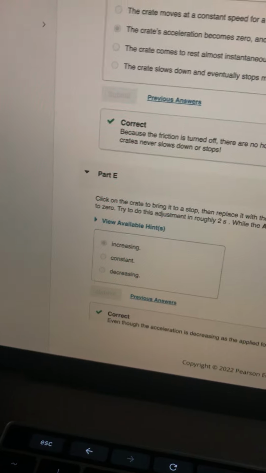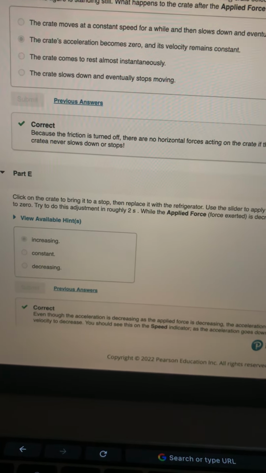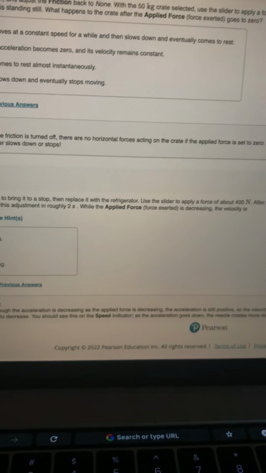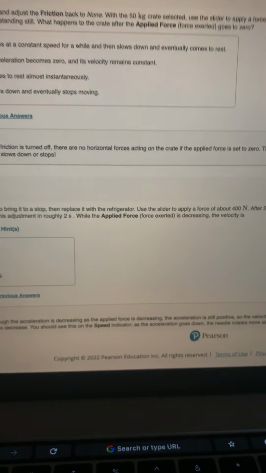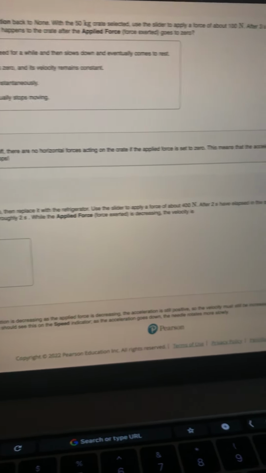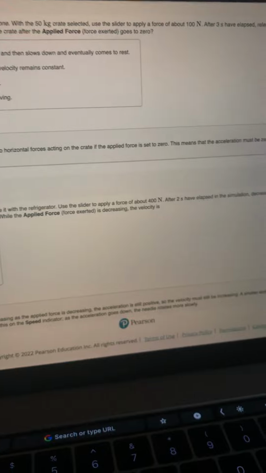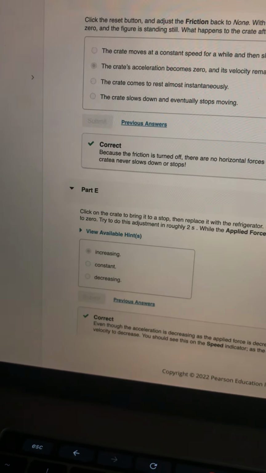So we have a refrigerator this time. What we need to know is, we're going to apply 400 newtons of force to an object. After 2 seconds, decrease the net force slowly back to 0.